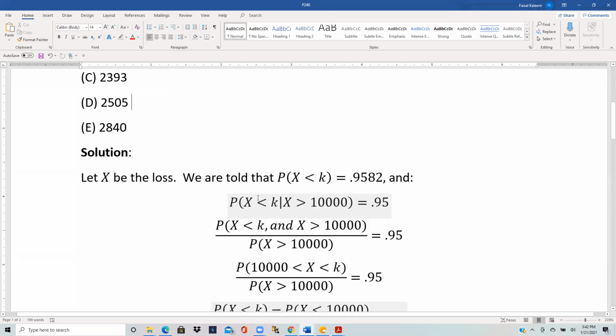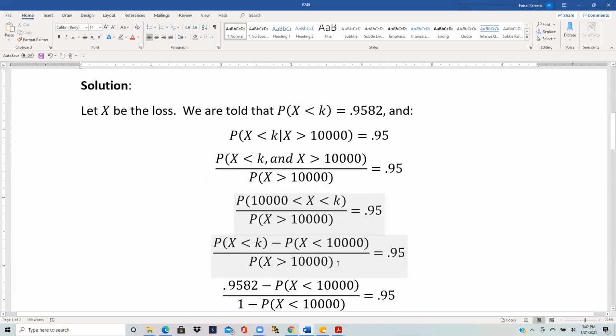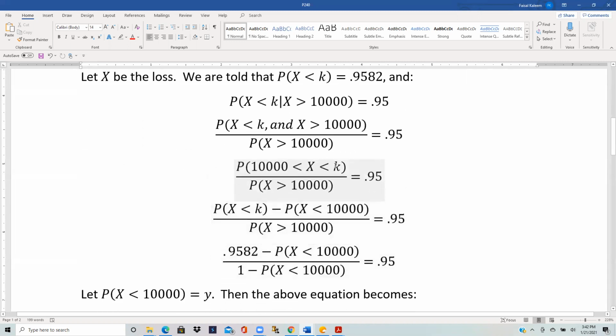Now, our usual formula, A given B is probability of A and B divided by probability of B. So probability X less than K and X greater than 10,000 can be combined into this, that X is between 10,000 and K. And this is the same as probability X less than K minus the probability X less than 10,000.